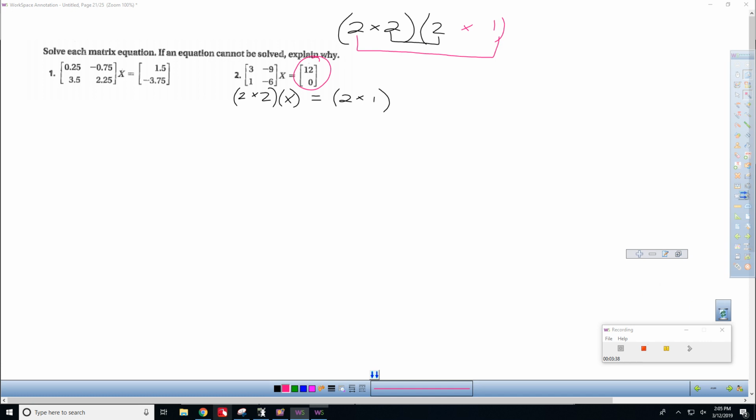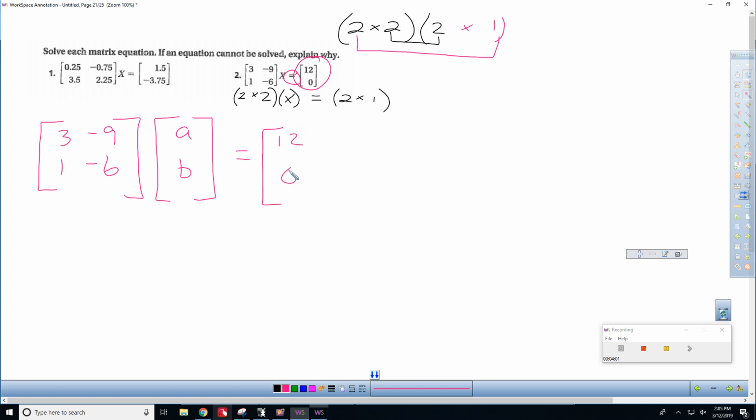So let's set up what we might consider an equation, because it does have an equal sign. [3, 1; -9, -6] times a 2x1, so we'll call it A and B because we have no idea what this matrix is, and the answer is [12; 0]. I have no idea how to do this.